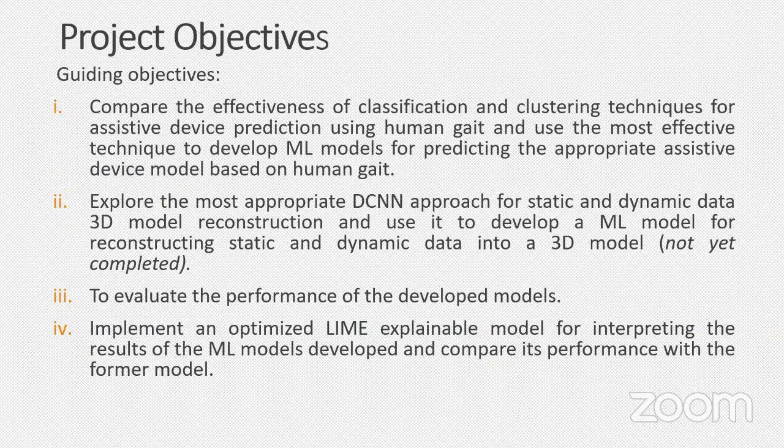Also, to compare the appropriateness of DCM approaches for the 3D reconstruction of the assistive device. I've not yet done that, but we are in the process of finalizing. We were also to evaluate the performance of the developed models, and to implement the optimized LIME, the explainable model we opted to use, so that you can see its performance compared with the original model.